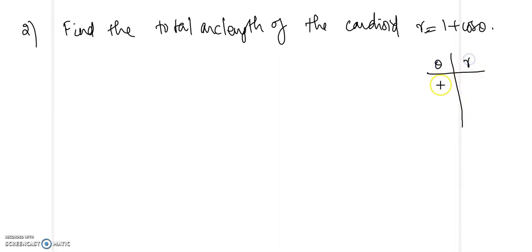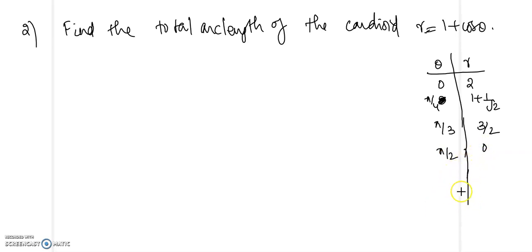So when theta is equal to 0, r will be equal to 2, and when theta is equal to pi by 4, we'll be getting 1 plus 1 by root 2, and at pi by 3 it will be 3 by 2, and at pi by 2 it will be 1, and at pi it will be 0.